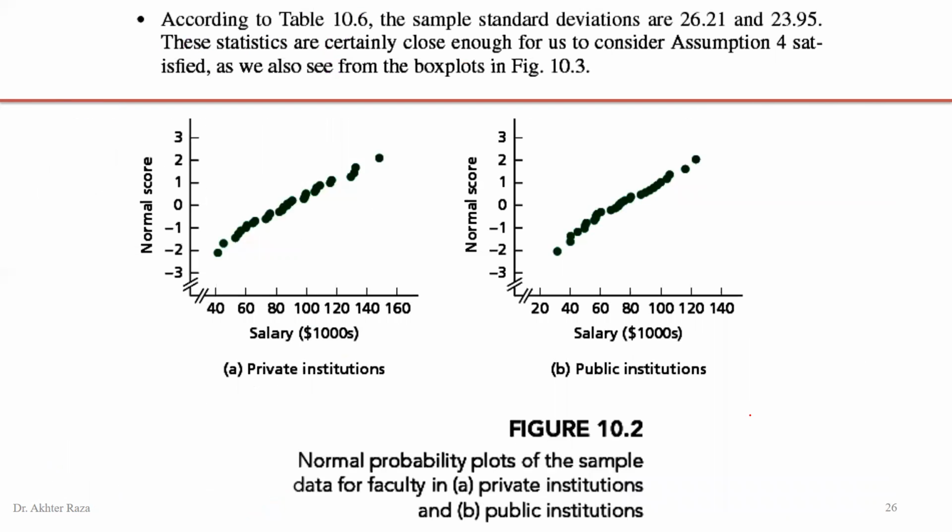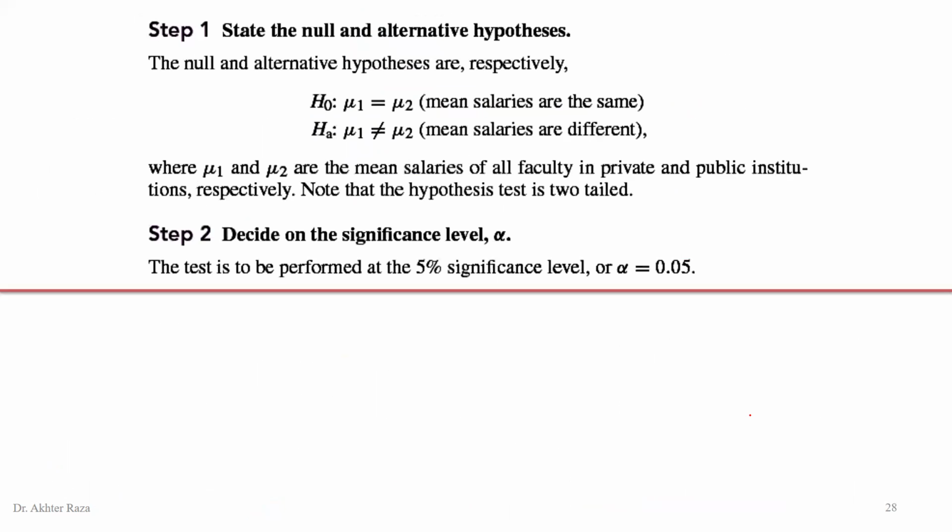In T4, we first have to compute the pooled estimate of the standard deviation. The hypotheses are these: the means are the same. Mean one is the average salary of teachers working in the private institutions, and mean two is the average salary of professors working in the public institutions. The null is that, on the average, they have the same salary.